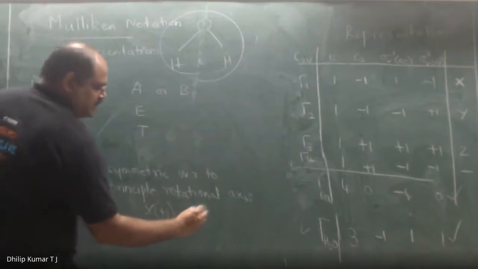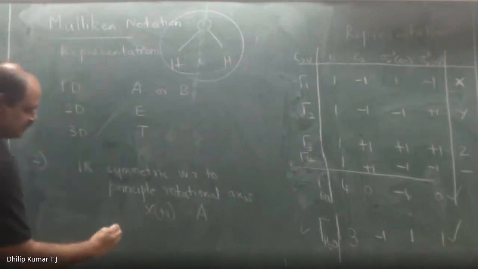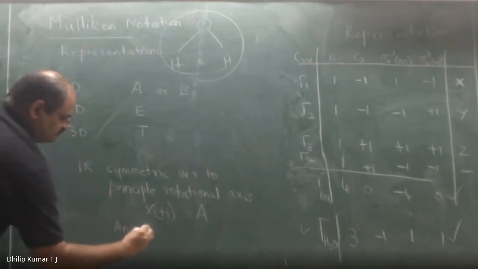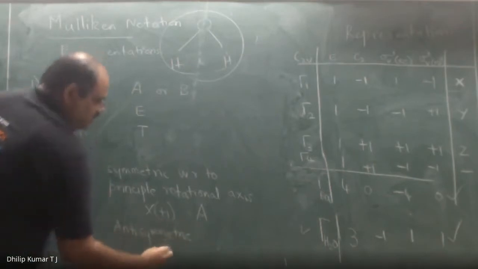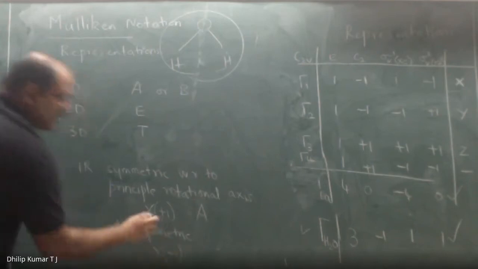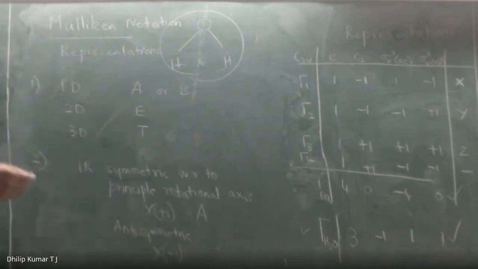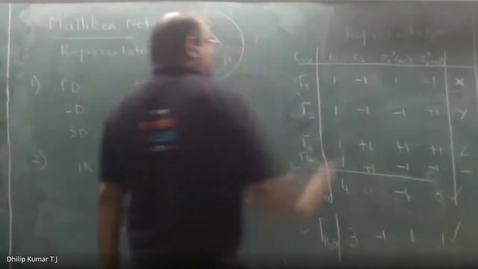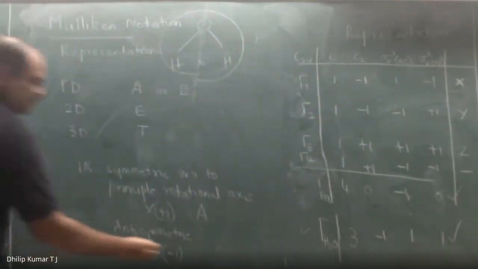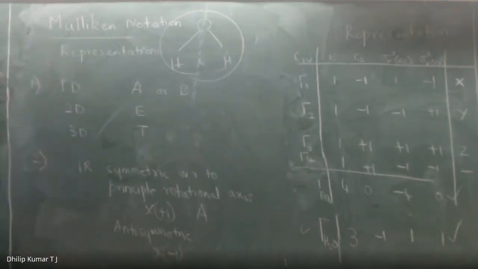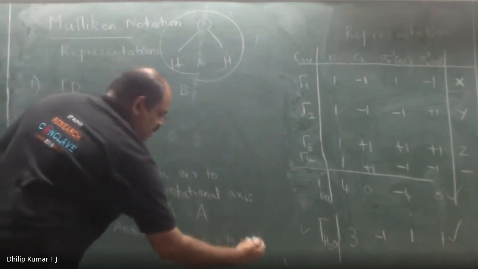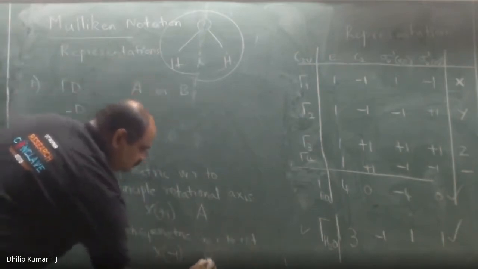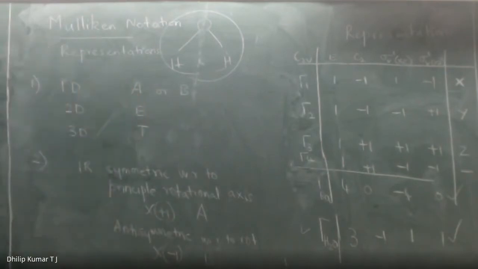Then it is given A. If it is antisymmetric, chi of -1, where chi means the character of each element in each IR, then the symbol is given as B. So this is the second property.